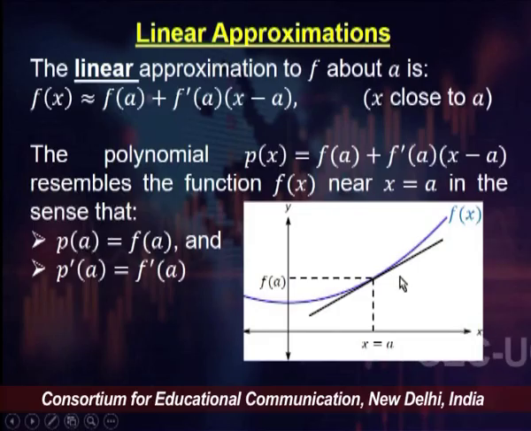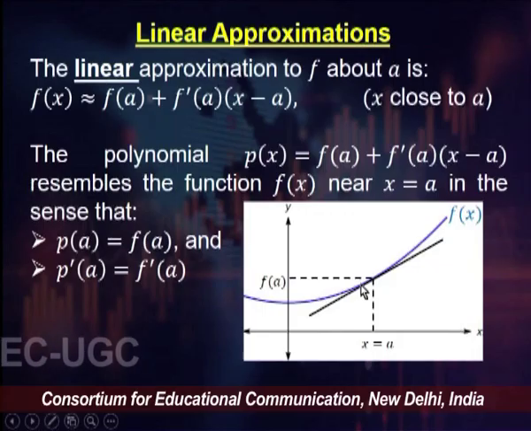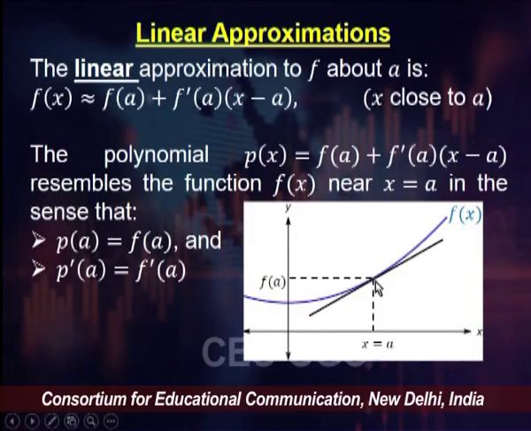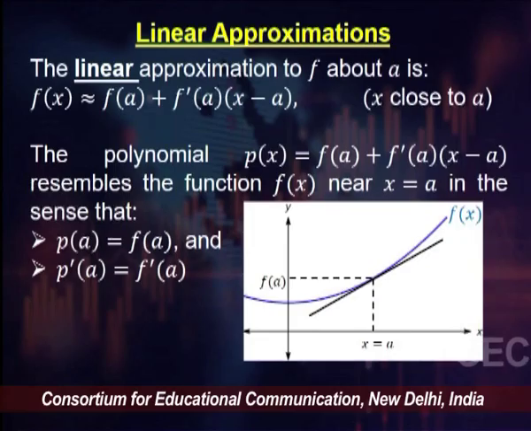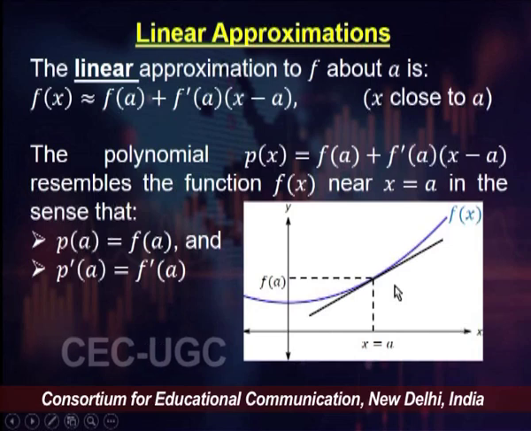Also both have the same slopes at x equal to a, which is but natural, because the derivative of the function at x equal to a is nothing but the slope of the tangent to the graph at that point. So these are the two aspects in which the polynomial resembles the function f of x near x equal to a. The approximation is exact at x equal to a, and in this graph, you'll see that you'll be making an error if you are away from a.